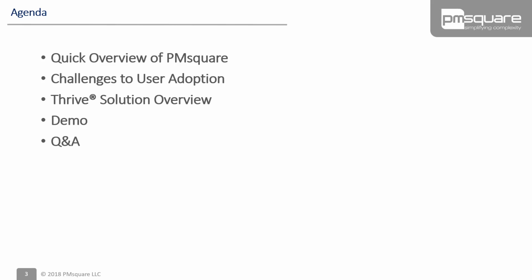Not only some of the feedback and things that we've heard from our customers, but also some of the industry trends that we've seen as it relates to user adoption, to kind of put things into context and really explain what has led to PMsquare developing this solution that was demanded by a lot of our customers. From there, we'll do a very brief solution overview of Thrive before we jump into showing you a live demonstration of the tool. At the very end, we'll try to have an interactive Q&A as time permits.